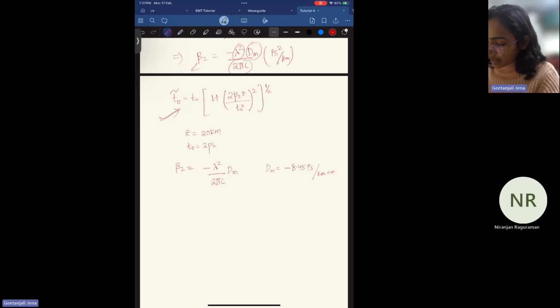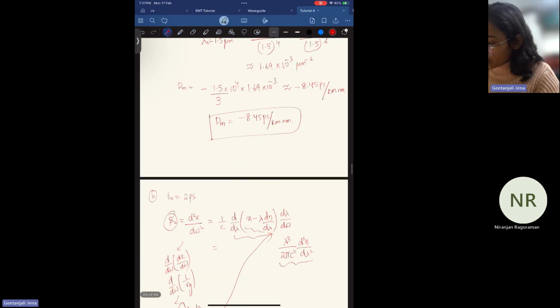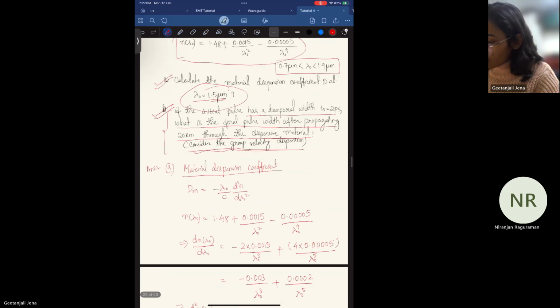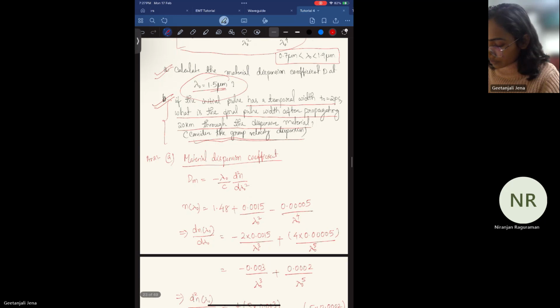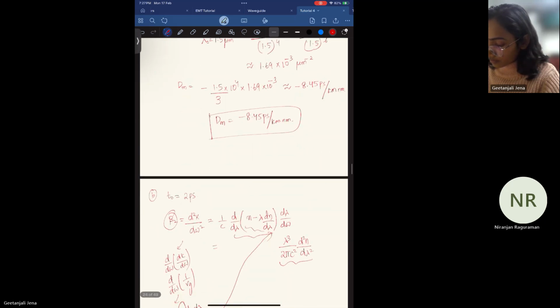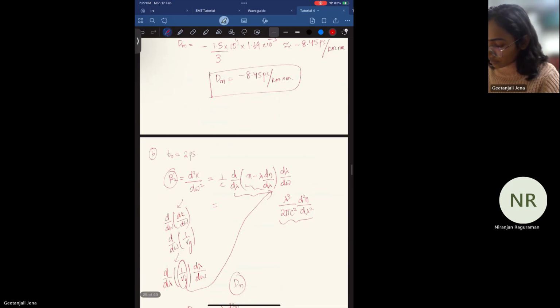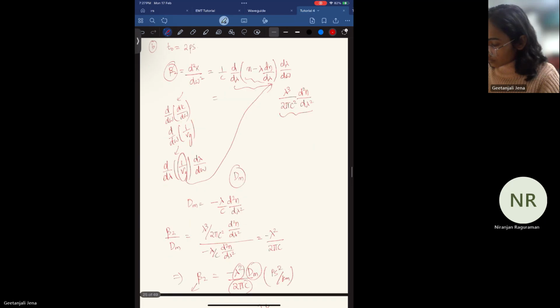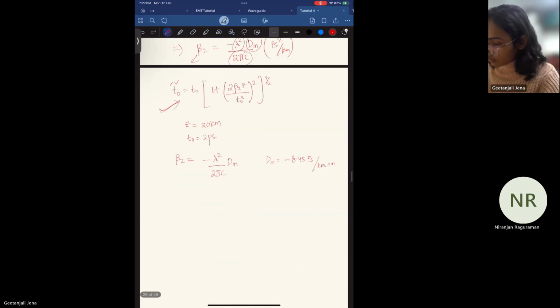And what is lambda? It is 1.5 micrometer, right? Lambda is 1.5 micrometer.